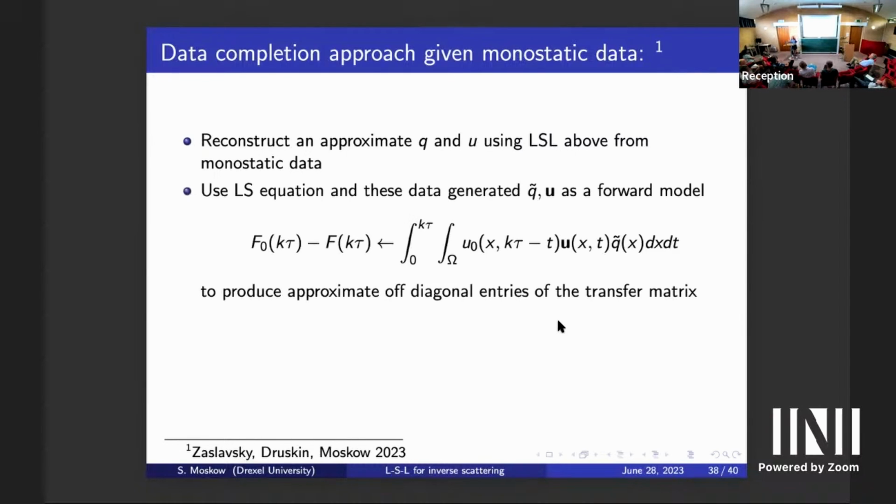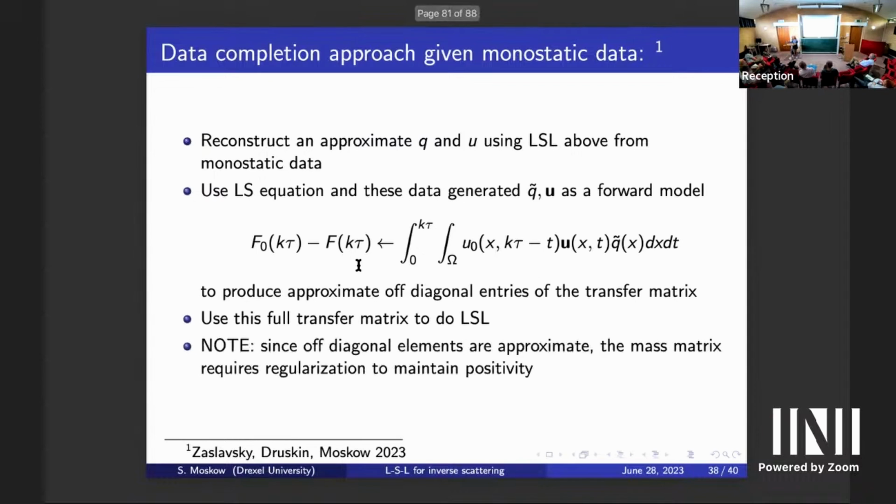Then you could use the Lippmann Schwinger equation as a forward model, using this reconstructed approximate Q and U, to generate the unknown entries of your transfer function, the off-diagonal entries, because producing a ROM's internal solutions requires a full transfer matrix. Now we can use this full transfer matrix to do Lippmann Schwinger Lanczos, a sort of full MIMO inversion. Of course, you only have approximate data on the off-diagonal elements.